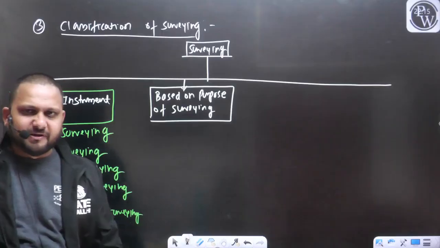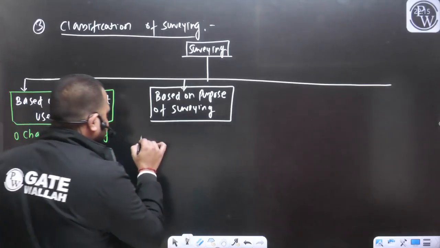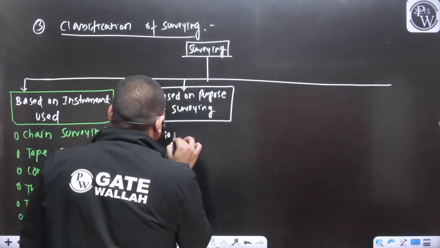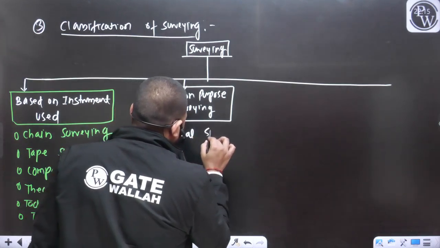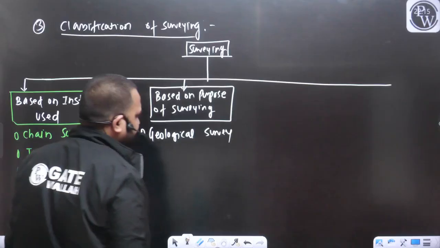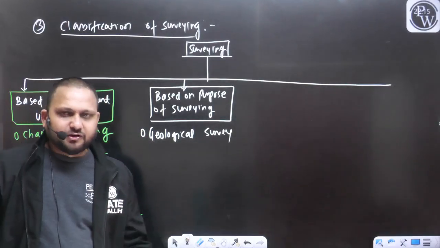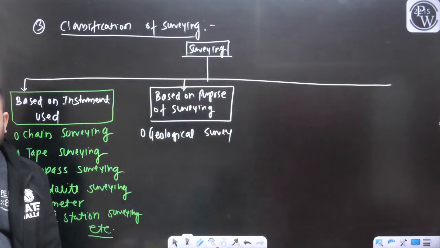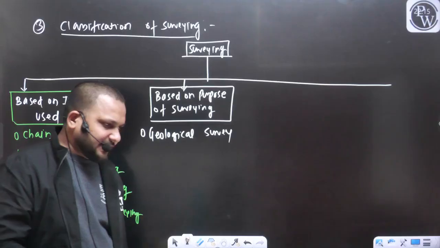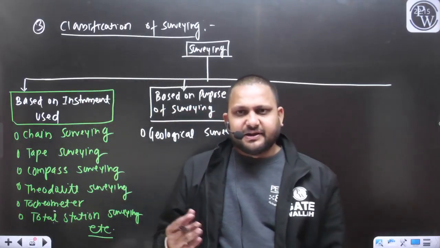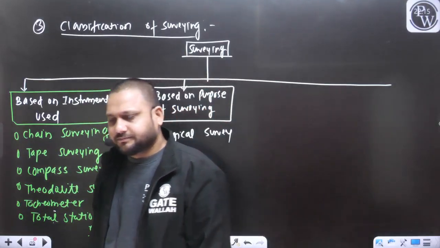Yes, we have various examples. Like we can go for the geological survey. What do you mean by geological? Earth contains geological minerals, features. Below the earth surface, there are various minerals.